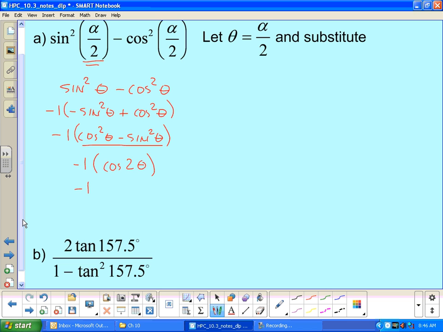We get cosine of 2 and resubstitute in for theta this alpha over 2. And we get to see here that those 2's cancel. And we end up with our final simplified form of negative cosine of alpha is what that would all simplify down to.